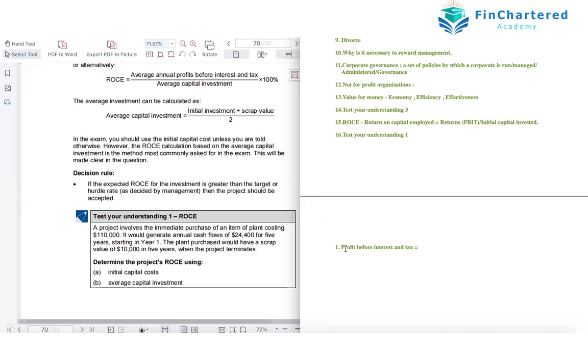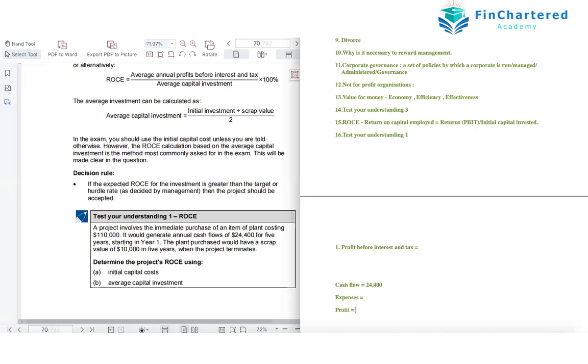Okay. So here the question is clearly telling you that the cash flow every year you are getting is 24,400. From that, you have to deduct expenses to get the profit.